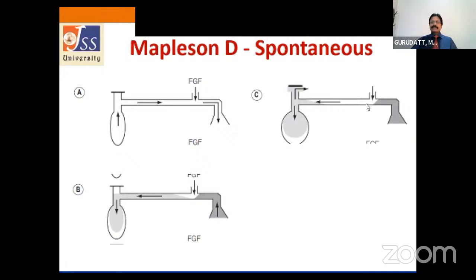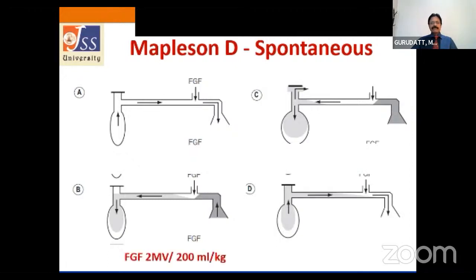Unless you keep a high fresh gas flow, all these gases cannot be pushed to the bag. Once the bag fills, the expiratory valve will open and the alveolar gases can be pushed out, and the remaining part of the system towards the patient, which is filled by the fresh gas flow, will be breathed by the patient. That is the reason for spontaneous ventilation you have to keep a flow of at least 200 ml per kg body weight, or equal to twice the minute ventilation, in Mapleson D circuits.